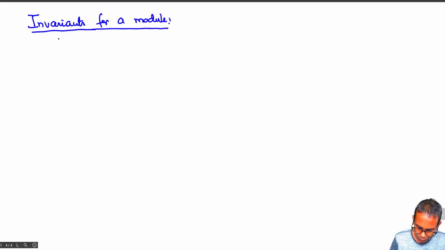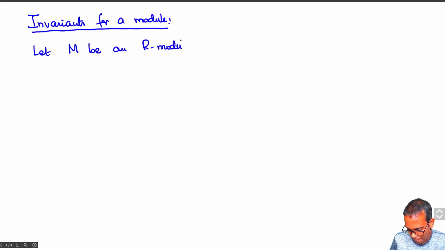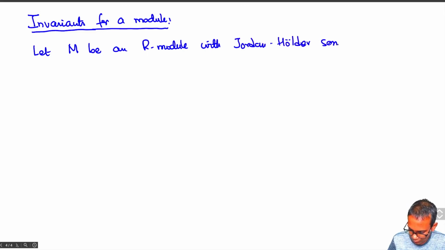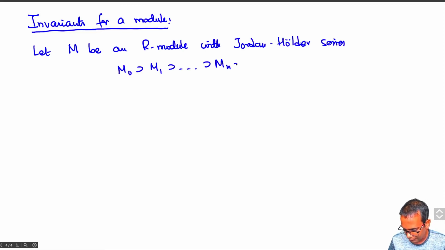So here's how we compute this. Let M be an R module with Jordan-Holder series M_0 contains M_1 contains ... M_n equals 0.